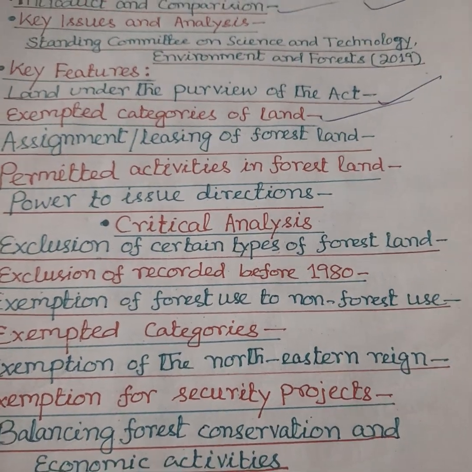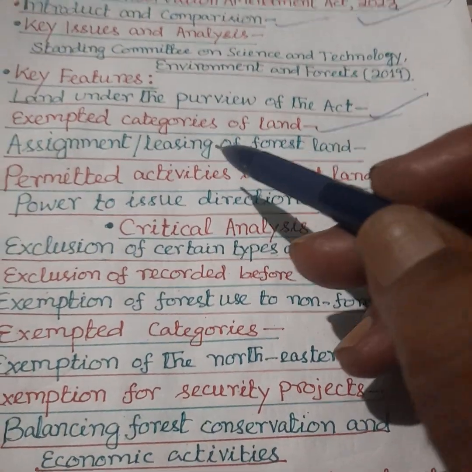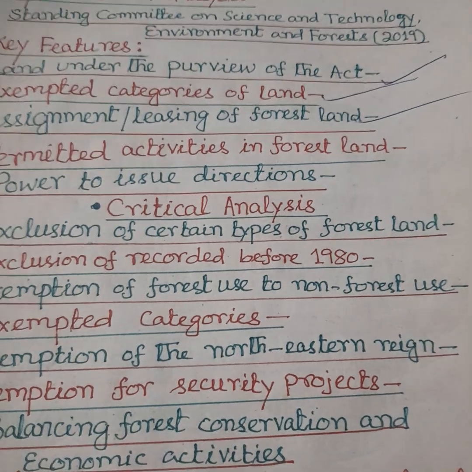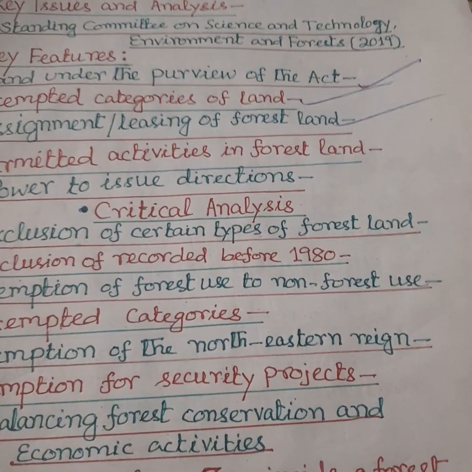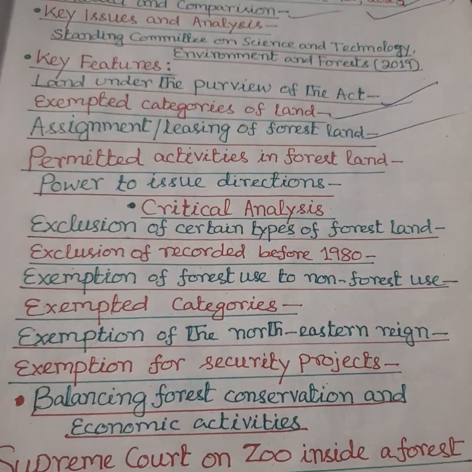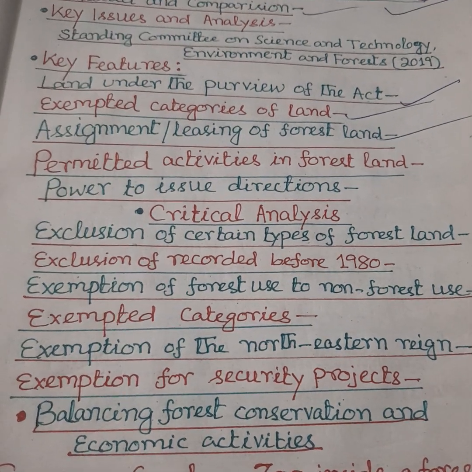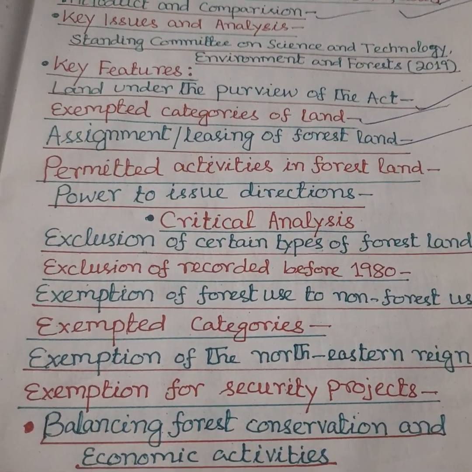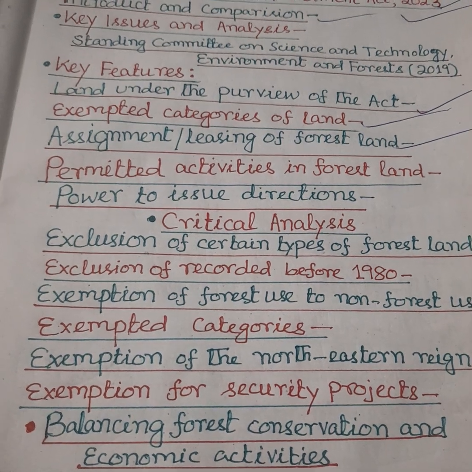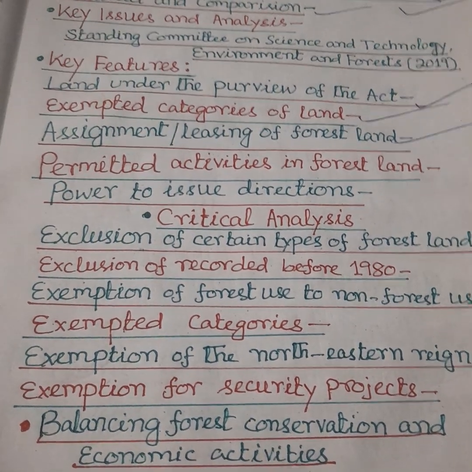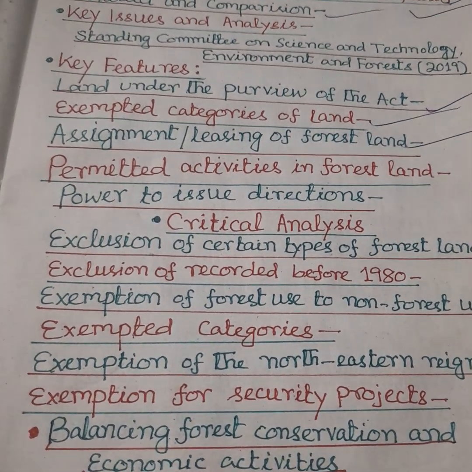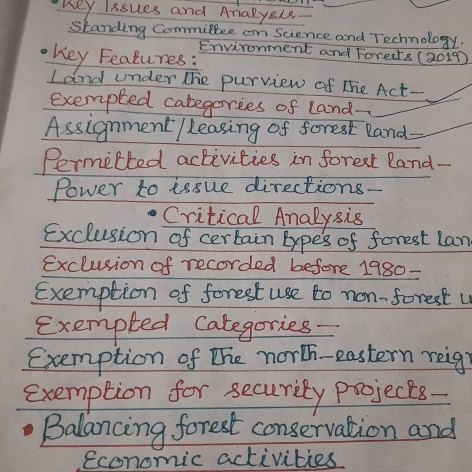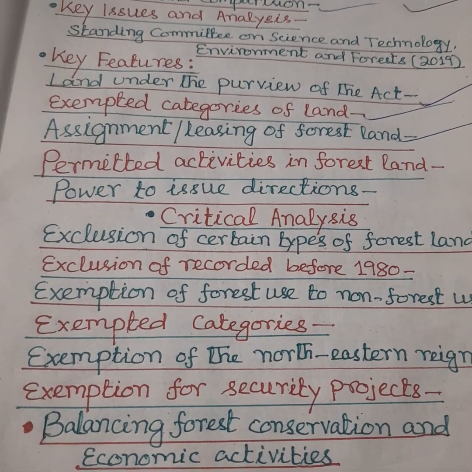And another important key feature relates to assignment and leasing of forest land. As per the provisions of the Forest Conservation Act 1980, the state government or any authority requires prior approval of the Government of India for assigning forest land to any organization, private person, authority, or corporation not owned by the government.